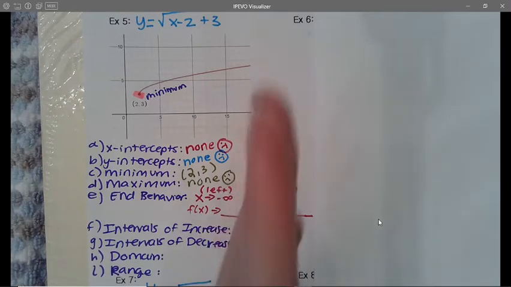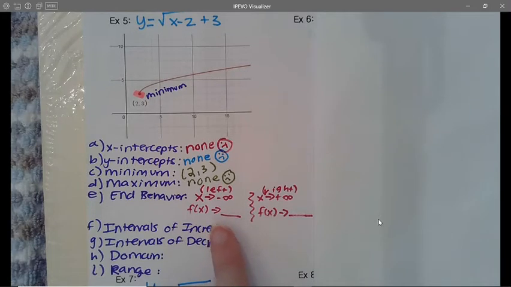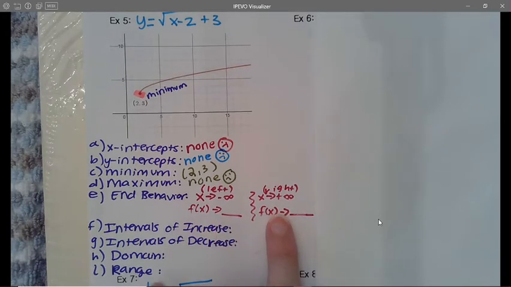What you fill in here is what f(x), or the y, is approaching, where the graph is headed.